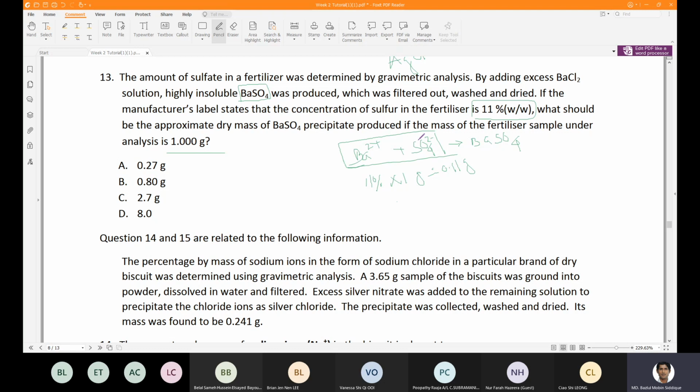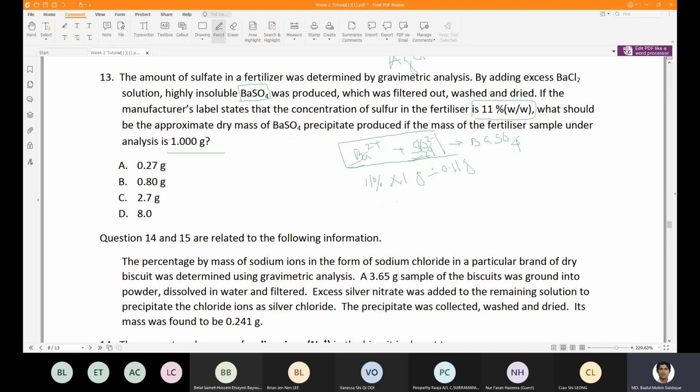Sulfur is 1, although there are 4 oxygens, but sulfur is only 1, right? So from there we understand that barium sulfate, in that barium sulfate, how many grams of sulfur is there?